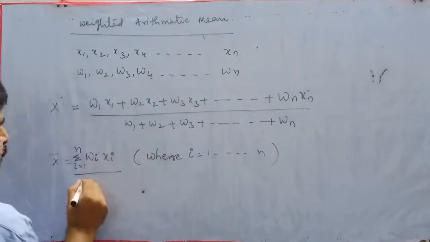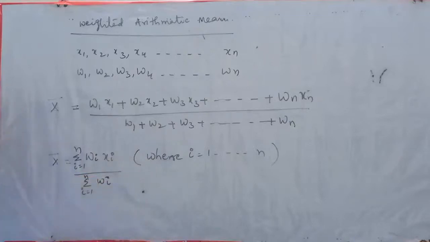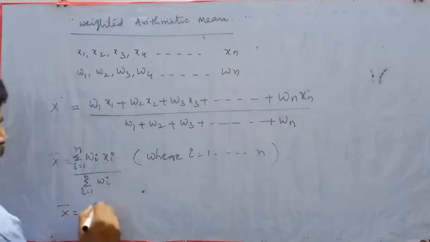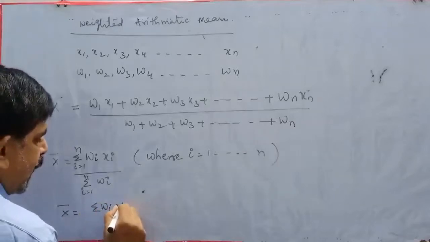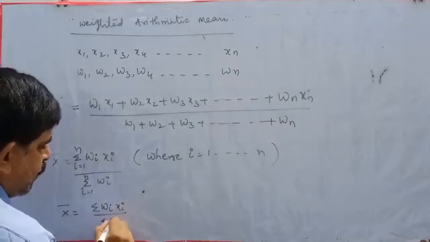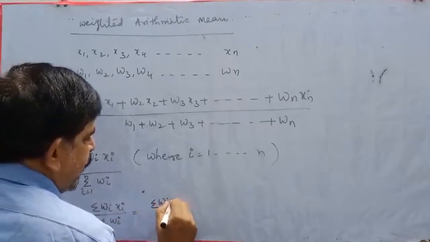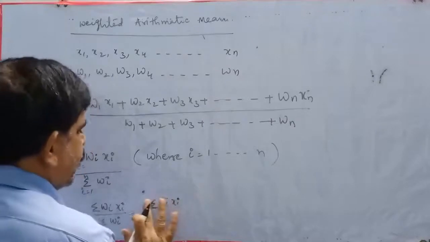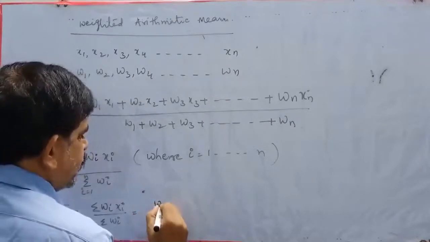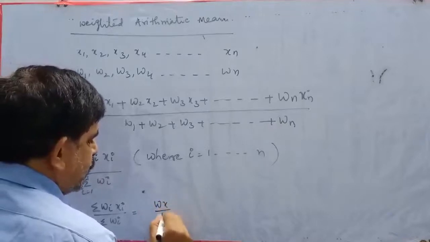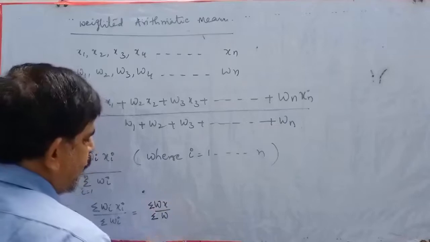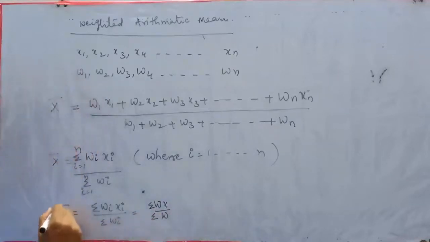So x bar is equal to sigma wi xi by sigma wi, which can be written as sigma wx by sigma w. So this is the average, x bar. Okay, understood children?